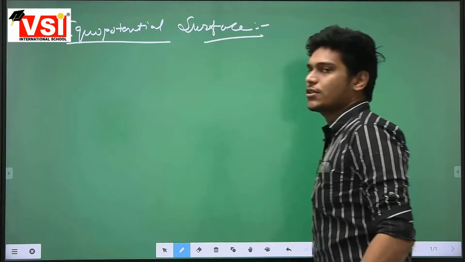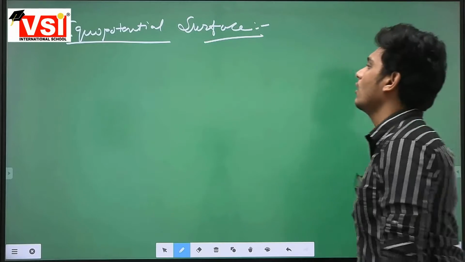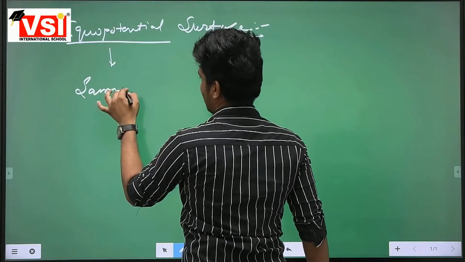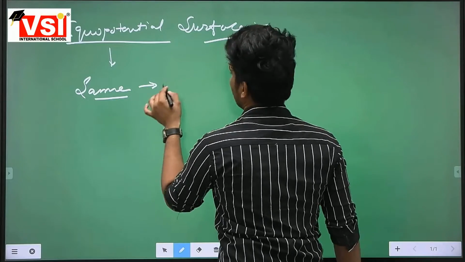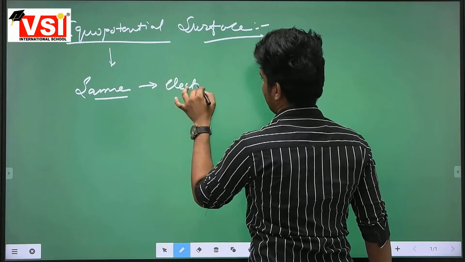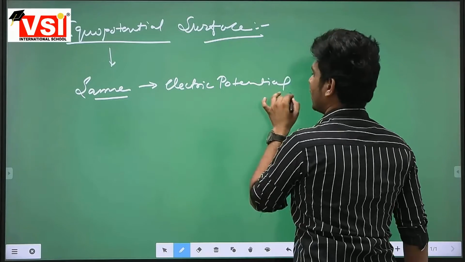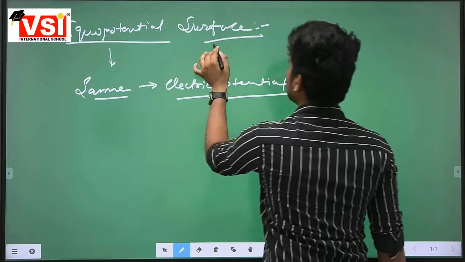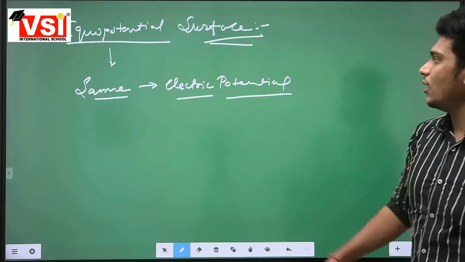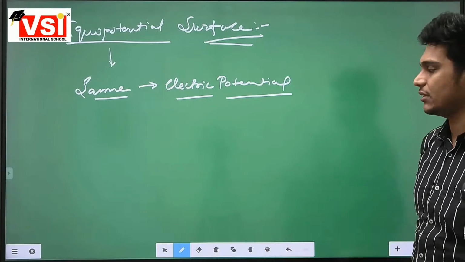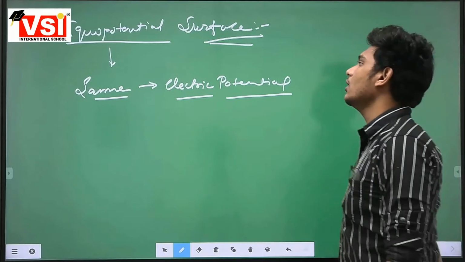As the name suggests, equipotential means same potential, where potential means electric potential. So the surface which carries the same electric potential throughout the whole surface is called an equipotential surface.